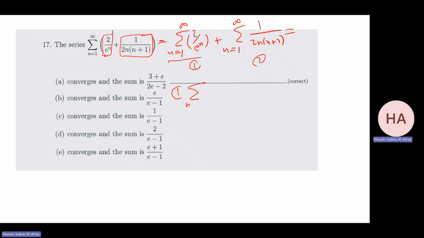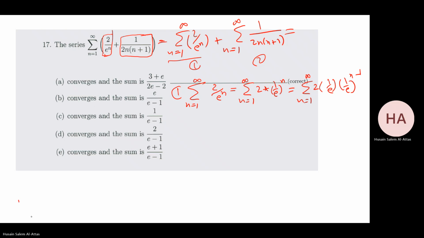Summation n equals 1 to infinity, 2 over e to the power n. I can write it as 2 times (1 over e) to the power n. If you want to make it in the same format which I know, that will be 2 over e times (1 over e) to the power n minus 1. So this is my a, and this is my r.